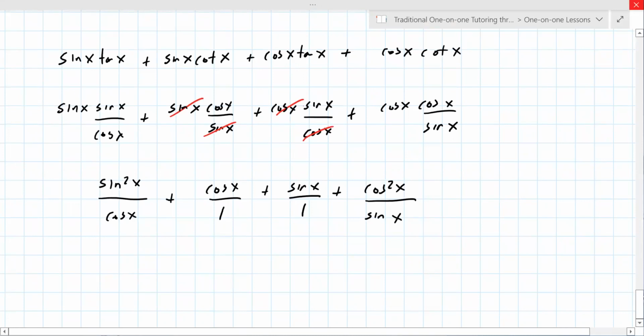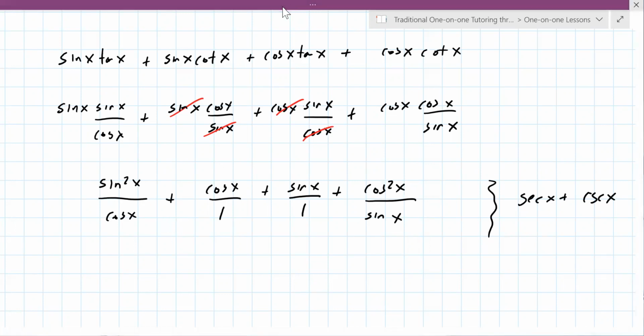We need this to look like secant x plus cosecant x. So we're making some headway there. You can see that 1 over cosine x is secant x, but really it's like, well, what do I even do next here?